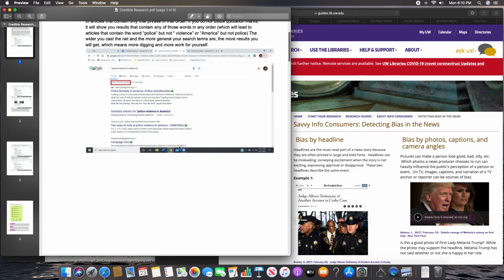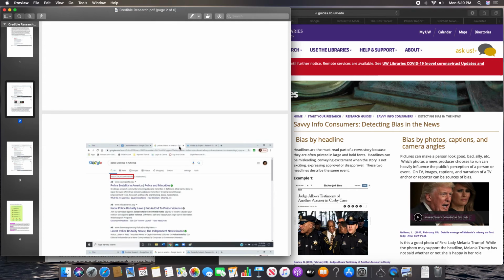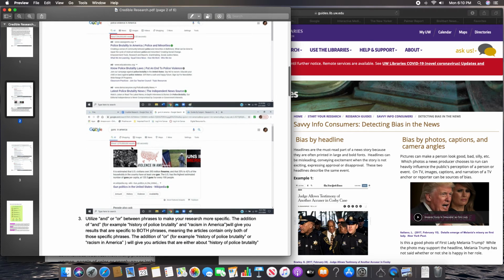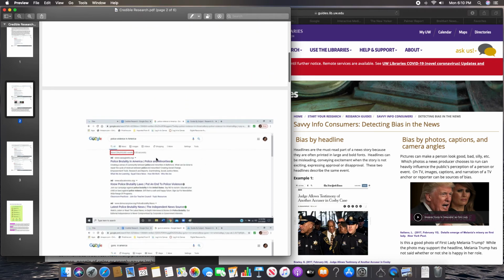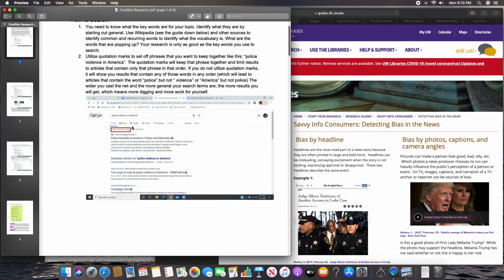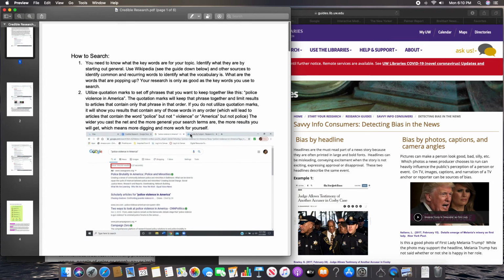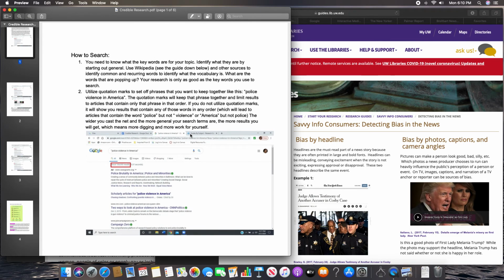Police violence in America versus guns in America, right? So this is like millions of results versus 106,000 results. Obviously, 106,000 is a little bit better to work with, okay? It's not as much for you to go through.